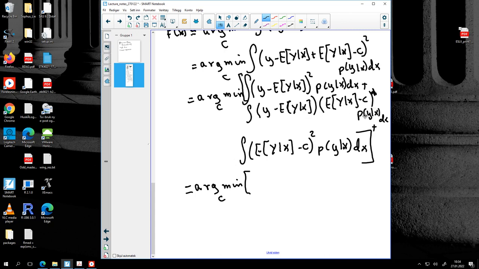And now, if you look at the expectation of y given x, that is now just a constant for a fixed x. And c is just a constant, so it doesn't depend on, there should be an integral with respect to y all the time. Close that. So when we consider this for different values of y, then this term is again just a constant, which you can put outside the integral.